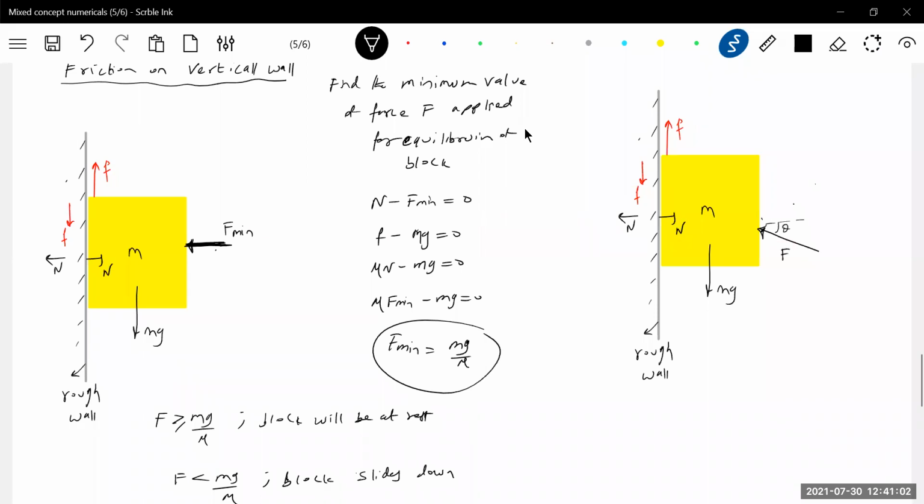So the force is applied at an angle. Then what is the range of forces for which the block will be in equilibrium? Find the value of force F.